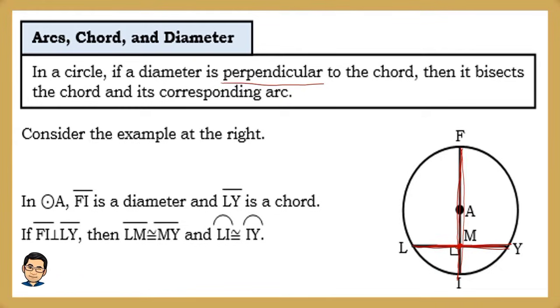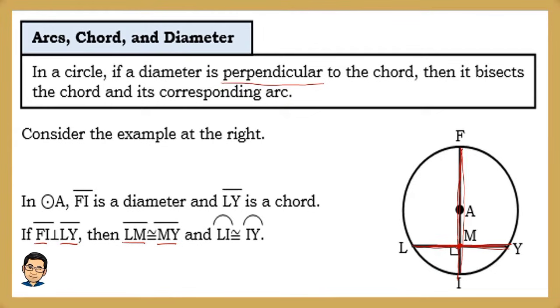And then, if FI is perpendicular to LY, so FI, yung diameter natin, and LY is yung chord, are perpendicular to each other, then LM is congruent to MY. So, yung chord na yon nahati siya sa dalawa, kaya yung LM congruent siya sa MY.